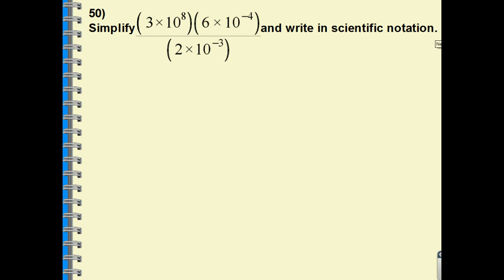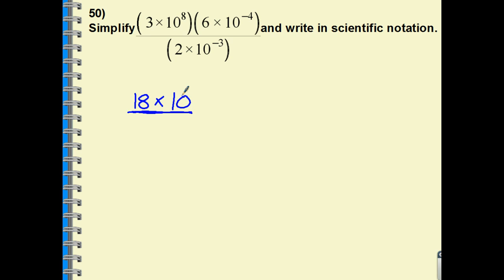All right, now we have a multi-step problem here. It says to simplify this, solve this expression and write it in scientific notation. So we have a numerator and a denominator. My thought is let's just take care of the numerator first. Following our basic multiplication rules, we have our 3 multiplied by 6, which is 18. 18 is multiplied by the power of 10.